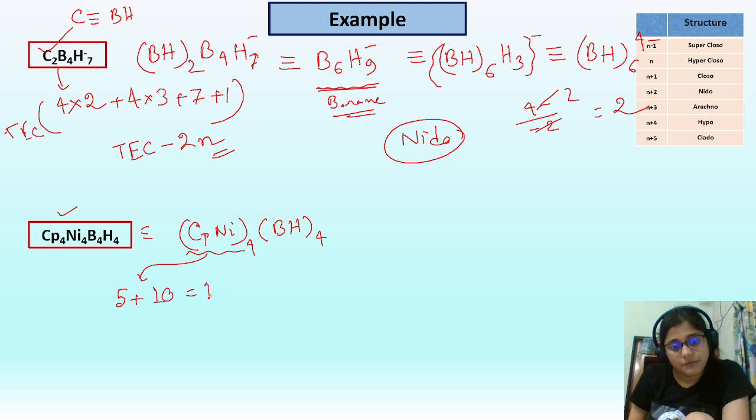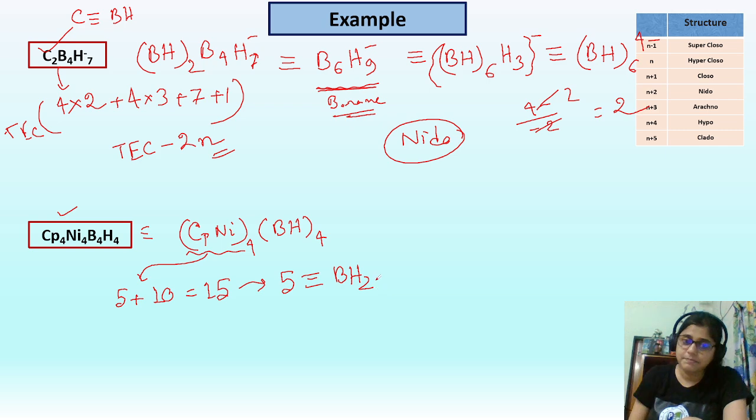So this will be 15. So 15 will be comparable with a main group element with total electron count 5. This is nothing but BH2. B means 3 and 2H, 3 plus 2 means 5. So we can replace it with BH2.